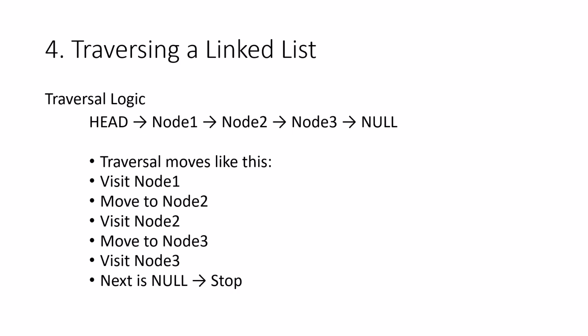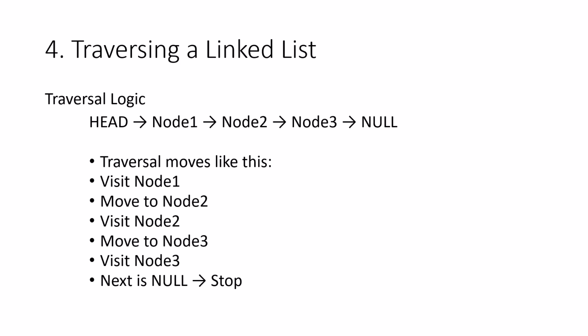Let's understand the traversal logic of a linked list. A typical linked list looks like this. Head -> node 1 -> node 2 -> node 3 -> null. Traversal moves through the list step by step. First, we visit node 1 because the head points to it.